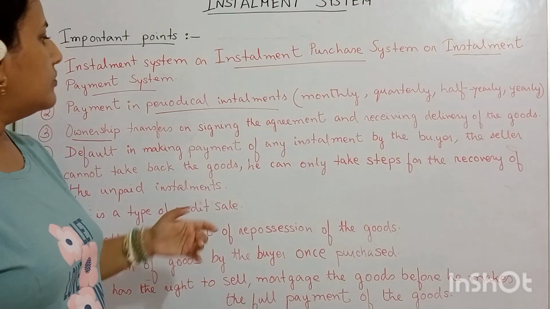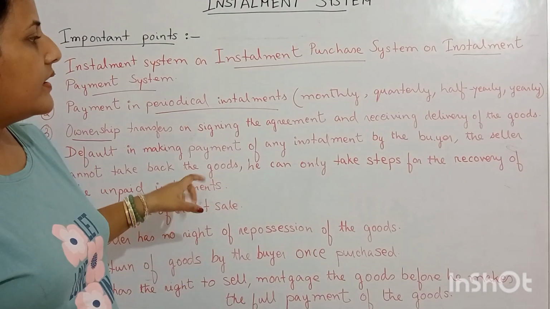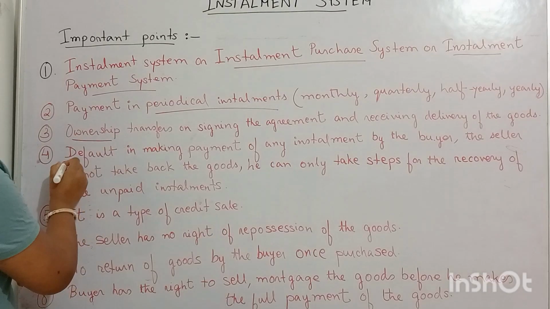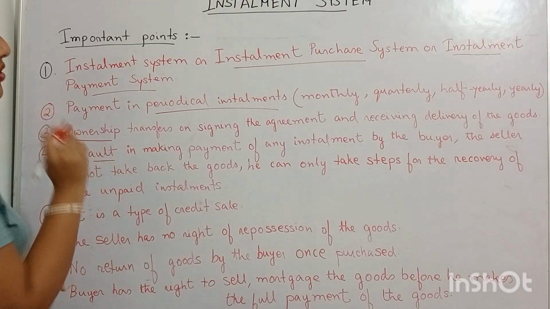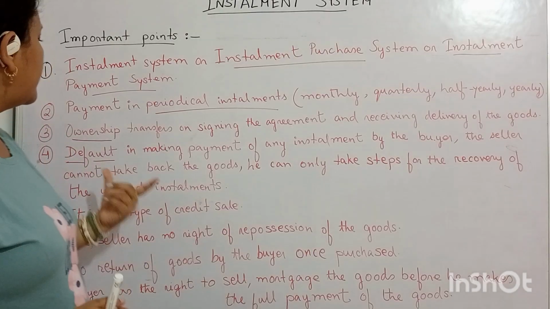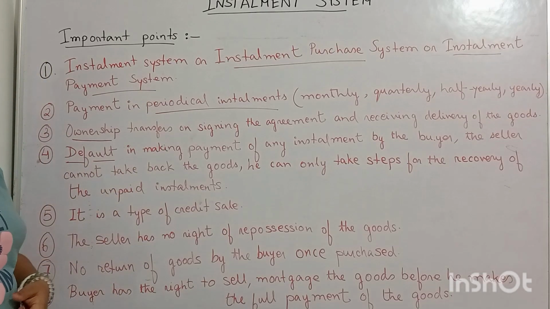So the seller cannot take back the goods in case of default in making payment of any of the installments by the buyer. So that is said in point number 4.